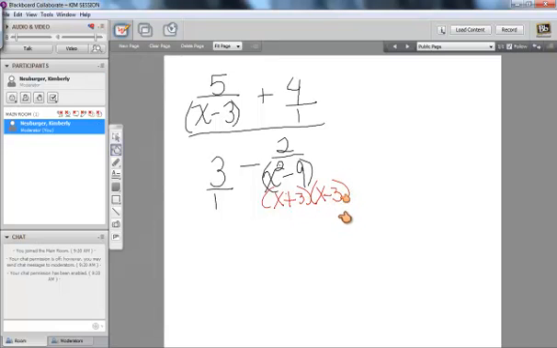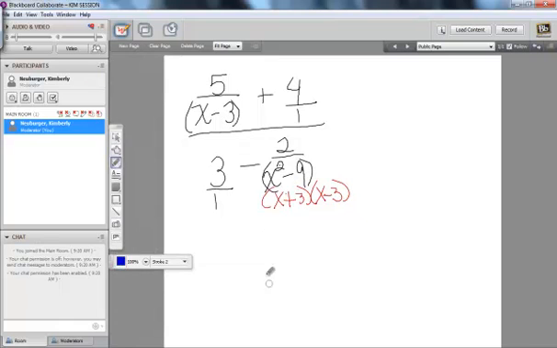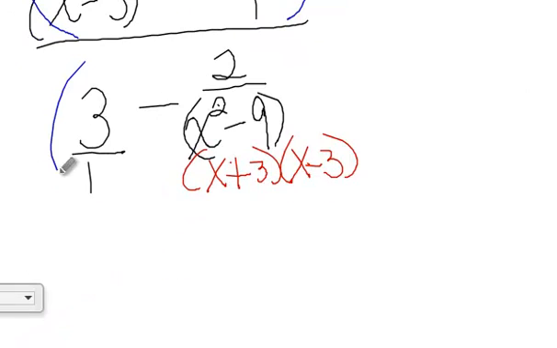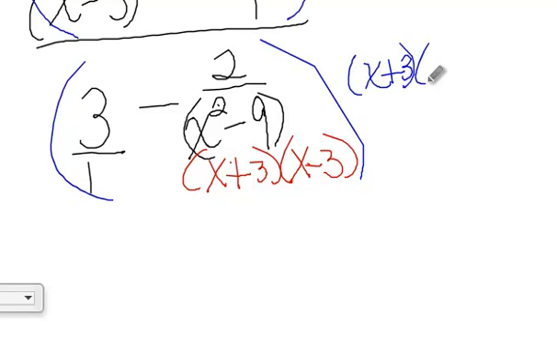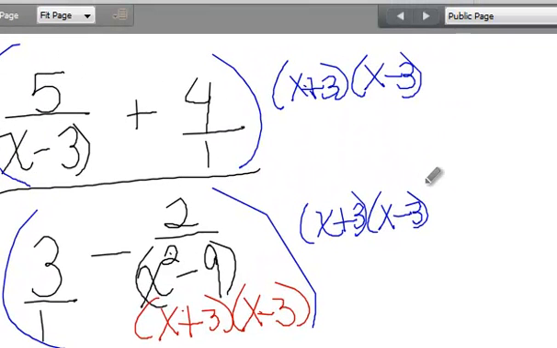Once we've determined that common denominator for the entire problem, the next step is to multiply the numerator by that common denominator of x plus 3 times x minus 3 and multiply the denominator by it, which is something we've done when we found equivalent fractions before. Be sure to not skip any steps so that you don't make any mistakes. It's very easy to make a mistake on this particular part of the problem.